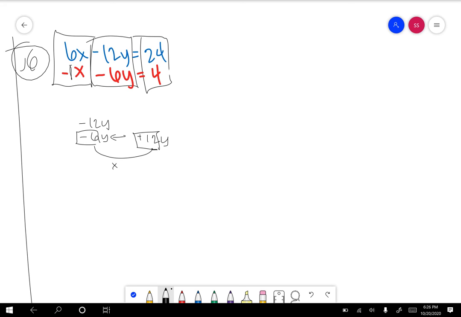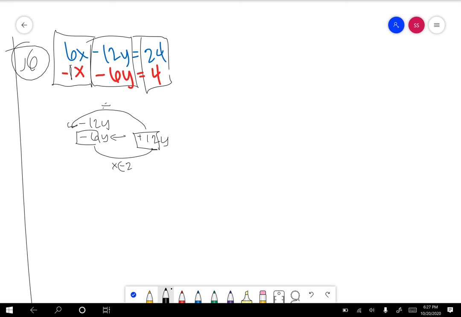If you're not sure, what you can do is the opposite. So divide 12 by negative 6 to get the answer. You might just know it off the top of your head though, because I just went over it. Negative 6 times negative 2, right? 6 times 2 is 12, a negative times a negative is a positive.